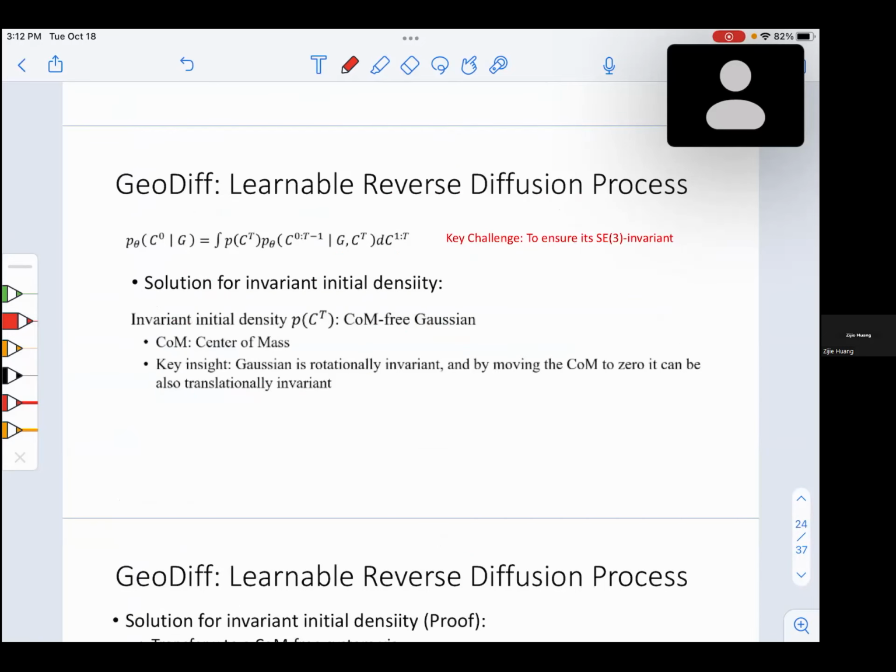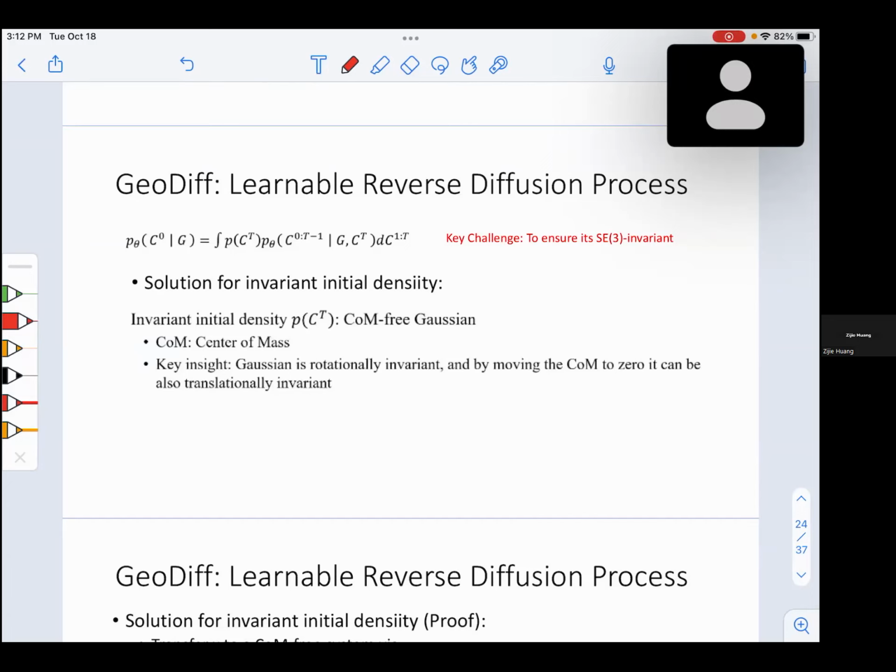To solve the first challenge, they set p(CT) using a COM-free Gaussian, where COM denotes the center of mass. The key insight is that a Gaussian is rotationally invariant, and by moving the COM to 0, it also becomes translationally invariant, ensuring that p(CT) is SE3 invariant.